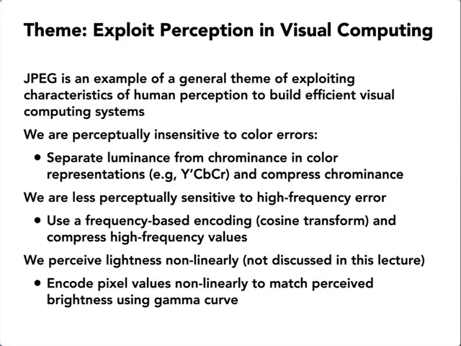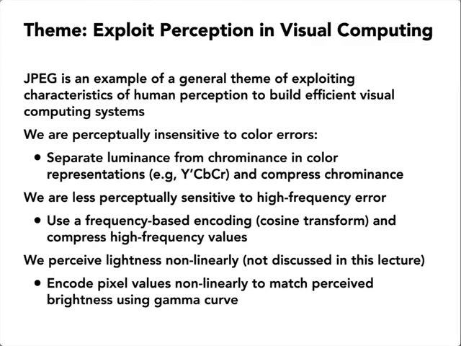One thing that wasn't covered in this lecture, but is another example in the JPEG standard of exploiting characteristics of the human visual system, is that we perceive lightness non-linearly. Linear increases in power would not be perceived as linear steps of lightness change by a human, perceptually speaking.